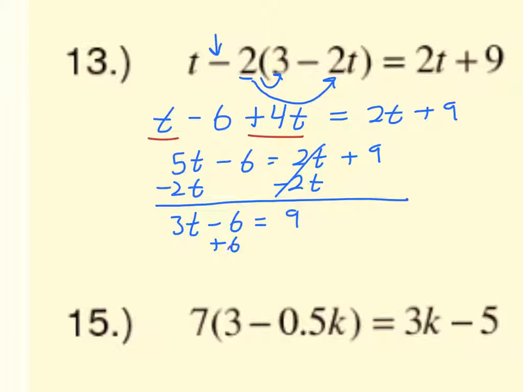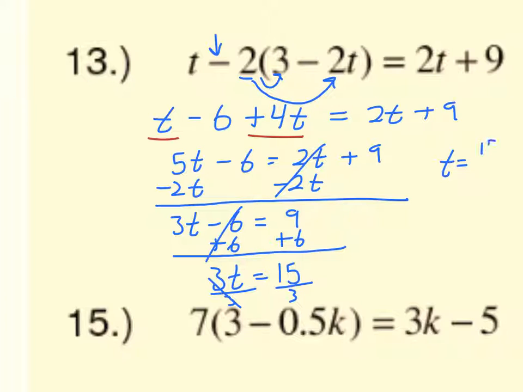To get rid of the 6, I'm going to add 6 on both sides. Cancels that. Left with 3t equals 15. Okay, need to divide by 3 on both sides. That cancels. So I'm left with t equals 15 over 3. So t equals 5.